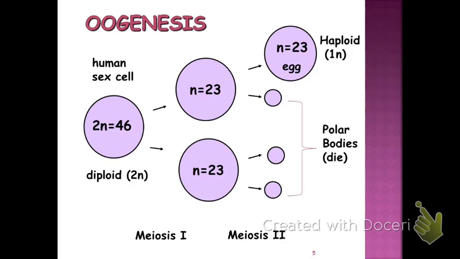So they don't actually mature into or turn into an egg. Okay, so in oogenesis in females, we produce 1 egg through the process of meiosis. And actually, this process all happens before the female is even born. So girls are actually born with all of the eggs that they are ever going to have.